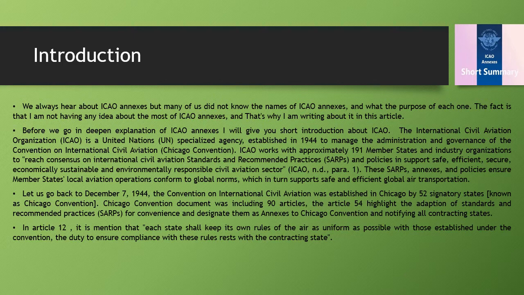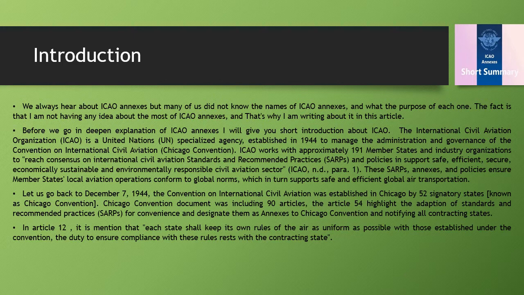The International Civil Aviation Organization, ICAO, is a United Nations, UN, specialized agency, established in 1944 to manage the administration and governance of the Convention on International Civil Aviation, Chicago Convention.